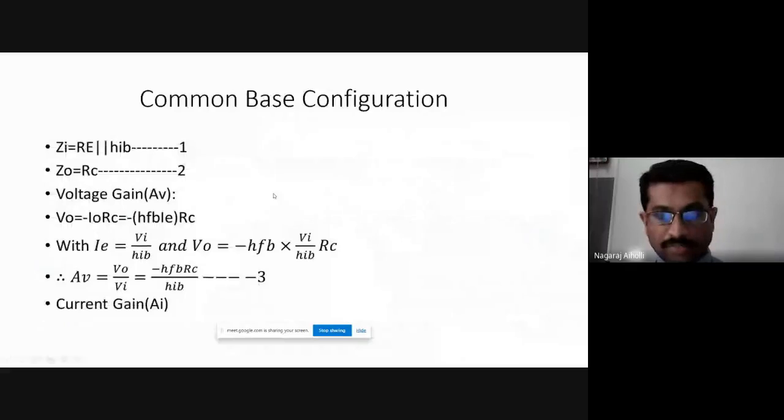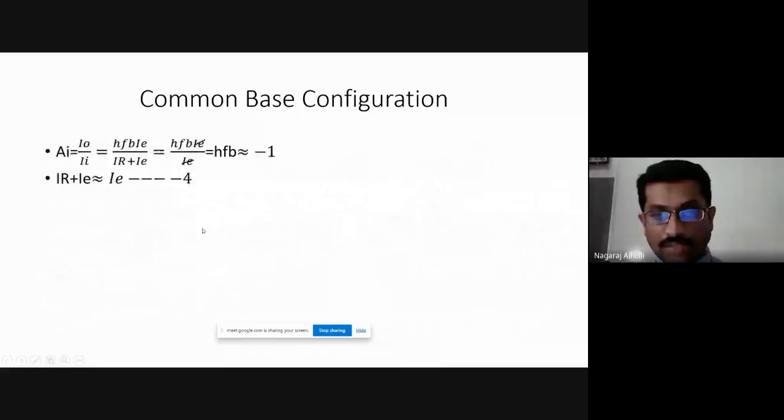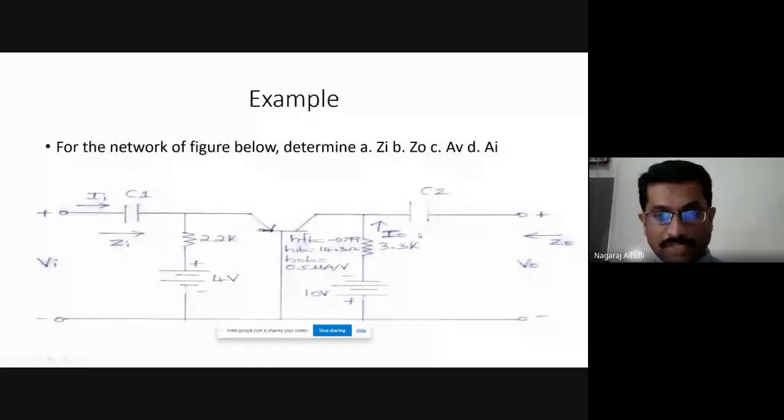Next, come to Zo. What is Zo? Zo is the output resistance Ro, whatever we just calculated, that is 1 upon hob, parallel with the resistance RC. If the output resistance is not included, then it is different. But if the output resistance Ro is included, then the output impedance Zo will be Ro parallel RC.